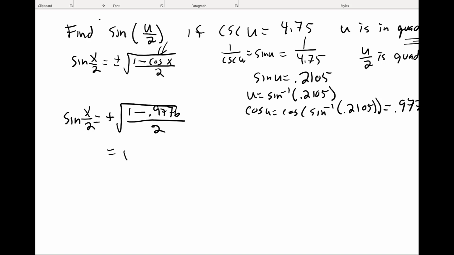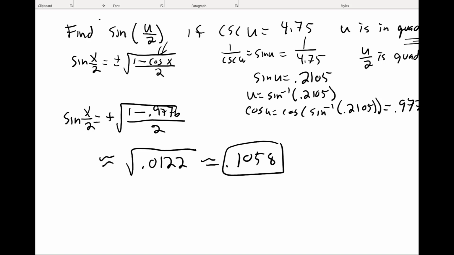So it's going to be the square root of 1 minus 0.9776 divided by 2. I'm getting 0.0122, which would be, I should say, approximately 0.1058 if I round to 3 or 4 places.